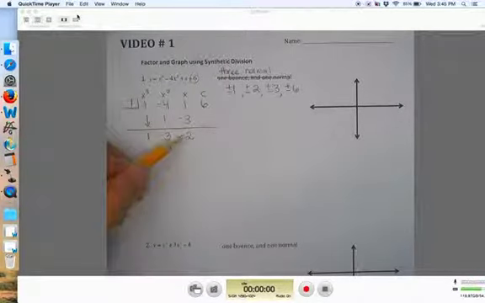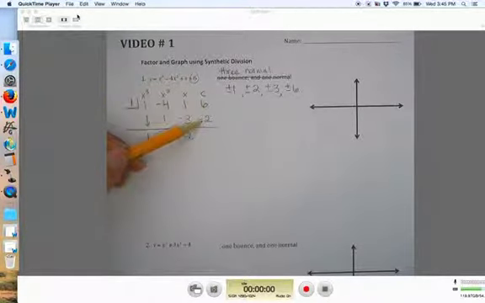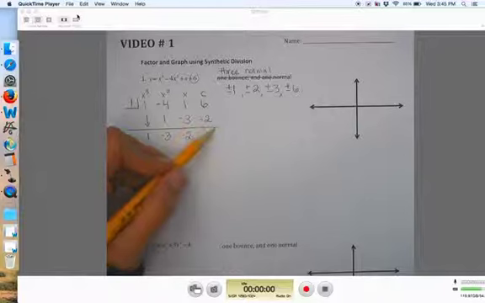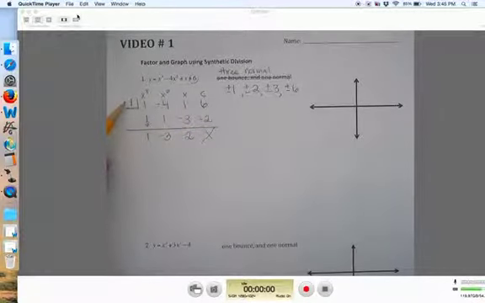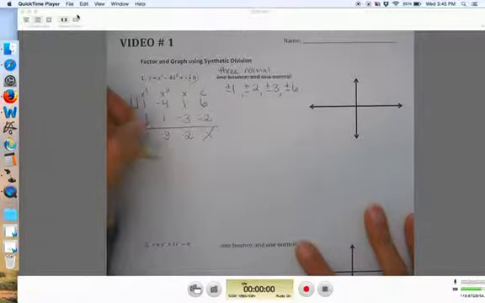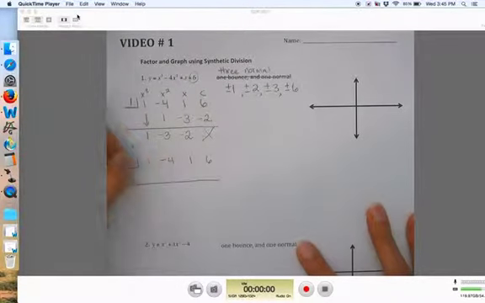Multiply 1 times -2 is -2. Add 6 plus -2, and remember we want a 0 here. If we don't get a 0, that means this does not work. So 1 is not one of the roots. So we have to try again, putting a different number in the box.